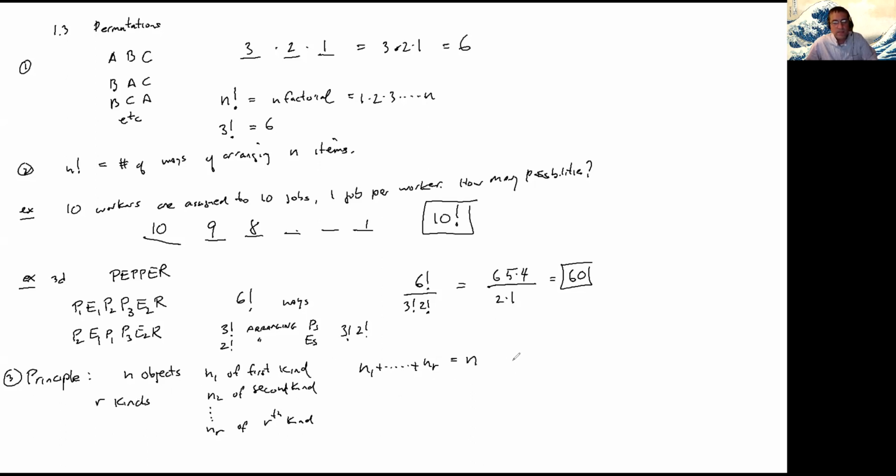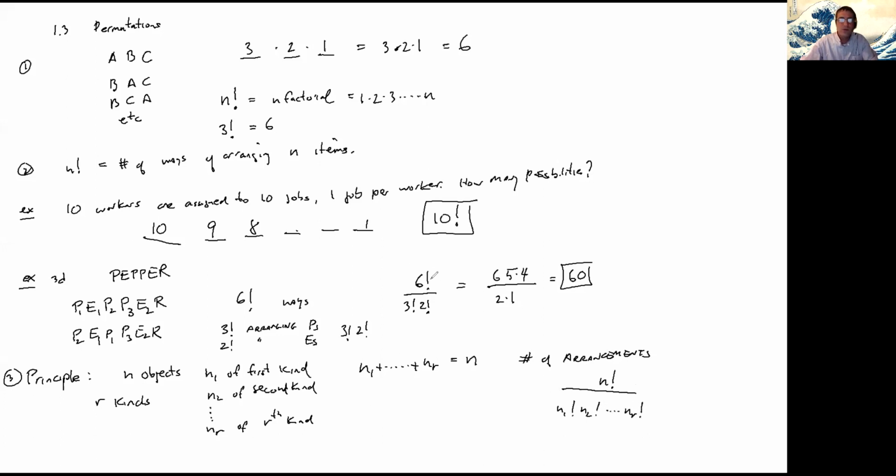Okay, and then the answer, the number of possible arrangements, is given by the following expression: n factorial over n1 factorial times n2 factorial all the way up to n sub r factorial.